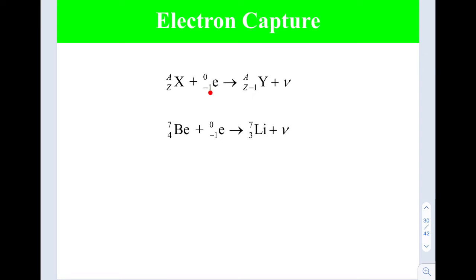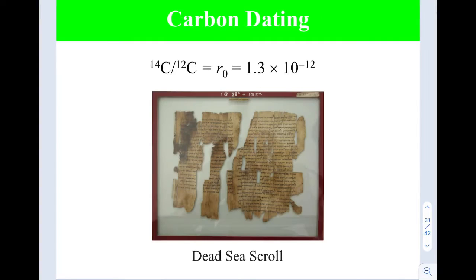What does that mean? The electron being captured comes from the K shell. What is the K shell? It is the lowest energy level within the atom. For example, beryllium captures one of its own electrons to become stable, to become lithium plus a neutrino.